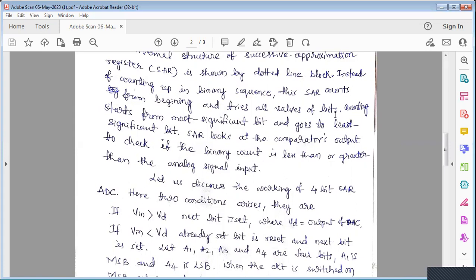So it looks for all the possible values to match the input value. Counting starts from the most significant bit, the MSB, and goes to the least significant bit. The SAR looks at the comparator's output to check if the binary count is less than or greater than the analog signal input.